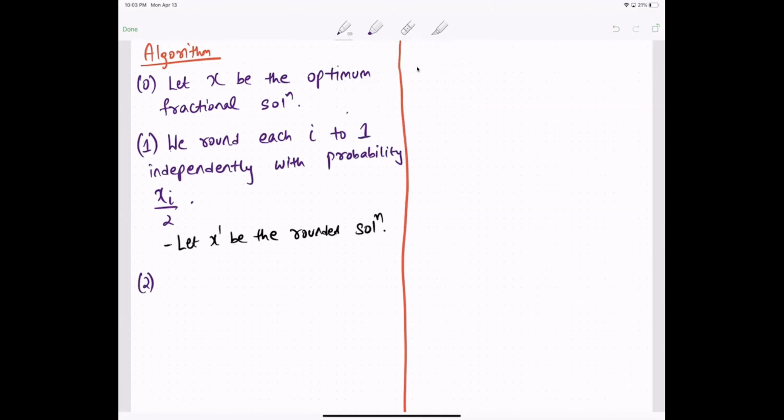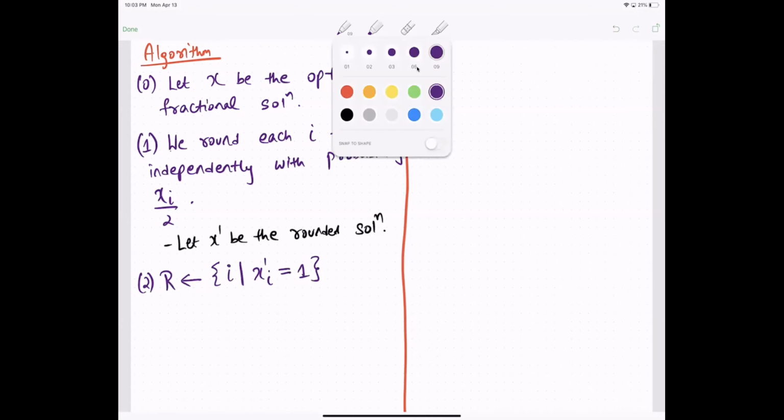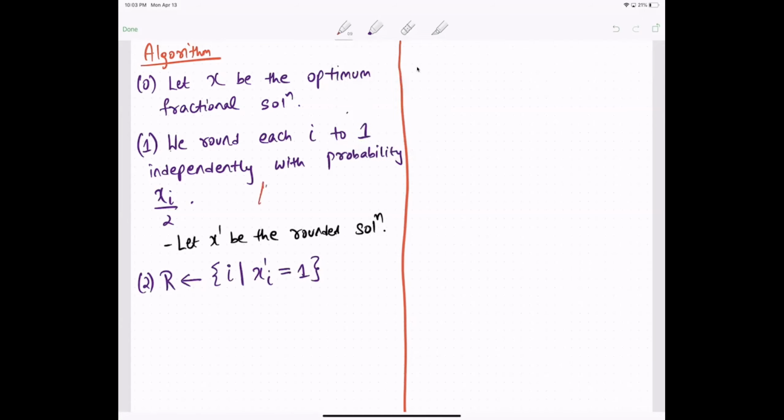Okay, so now let's set up this set R, which is a collection of all the i's such that they were picked in the sampling process, right? So this is phase 1.